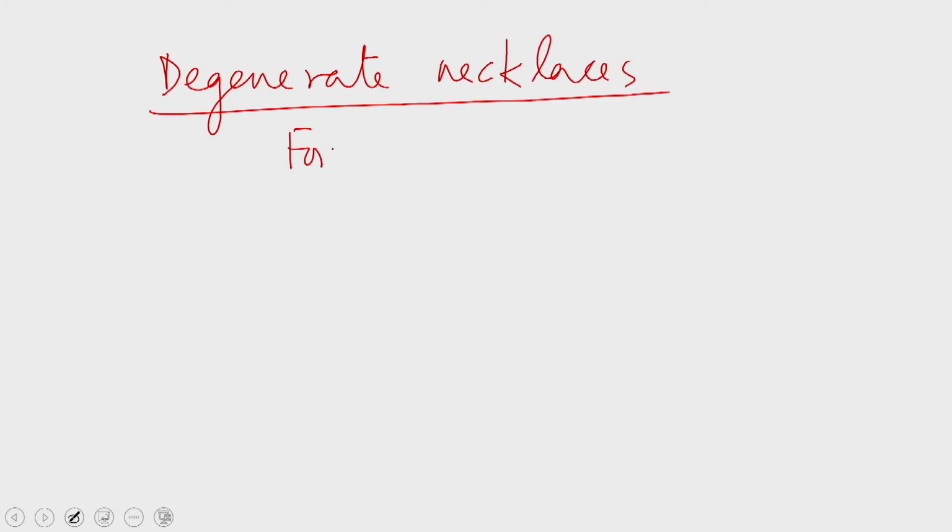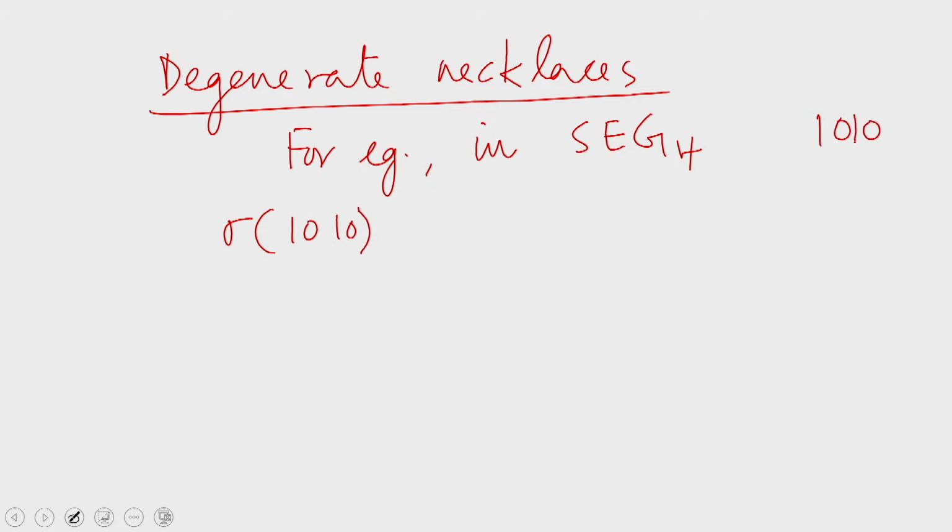For example, in the 4-dimensional graph, consider sigma of 1010. When 1010 is cyclically left shifted, we get 0101. When that is cyclically left shifted, we get 1010 again. What that means is that omega 4 squared multiplied by sigma of 1010 is equal to sigma of 1010, because every shuffle edge corresponds to a rotation by 2 pi by 4 radians.